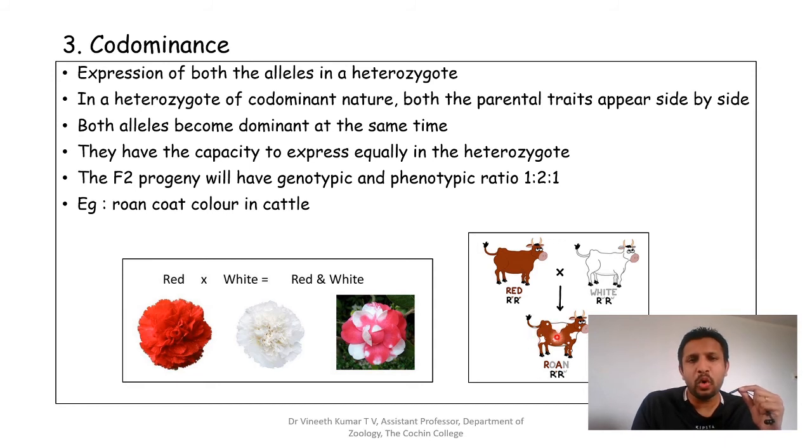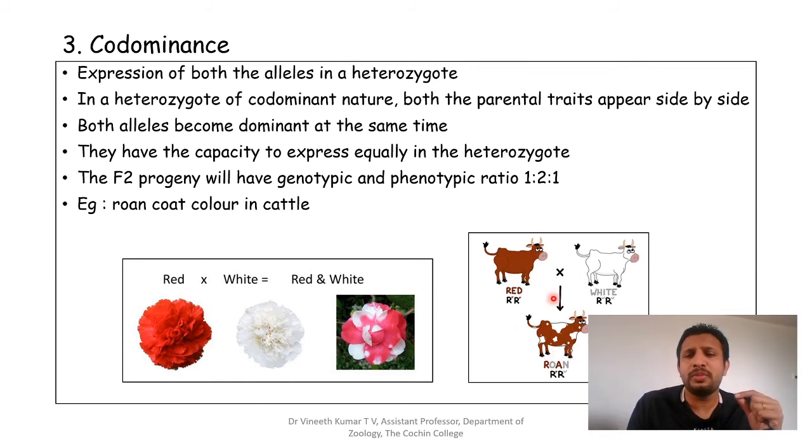You can see both the parental phenotypes expressed in this particular heterozygote. And this condition is referred to as codominance, where both the alleles of the parents get equal phenotypic expression in the heterozygote.